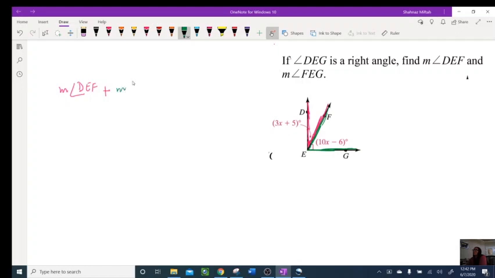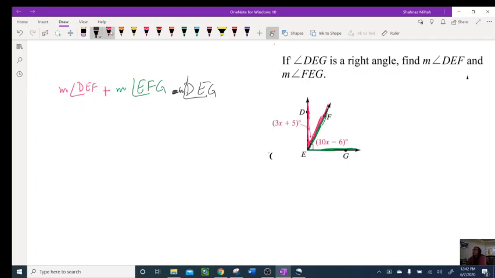The measurement of angle EFG is equal to the measurement of angle DEG. Got it?